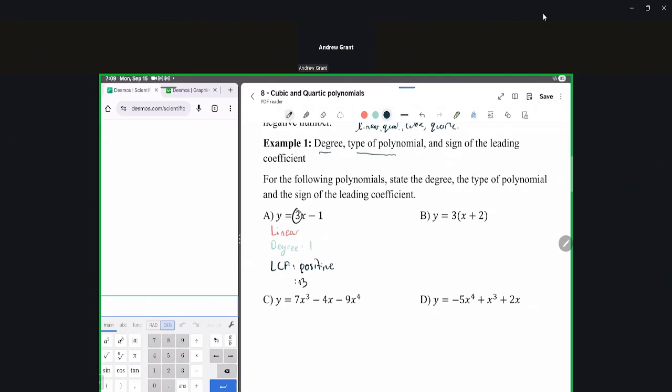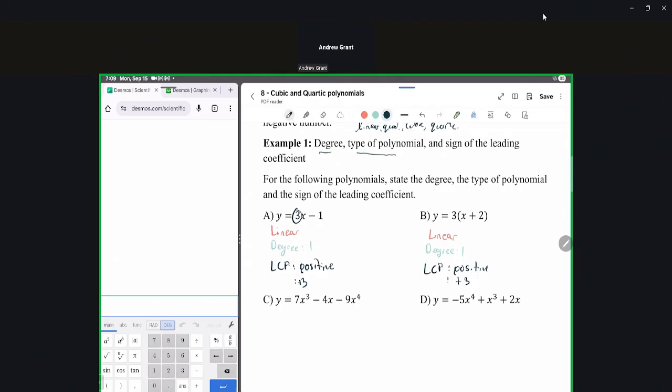For letter B, we have y is equal to 3 multiplied by, in brackets, x plus 2. And again, it's worth noting that this is still linear. The degree is still 1. And the leading coefficient is positive. In this case, still positive 3.